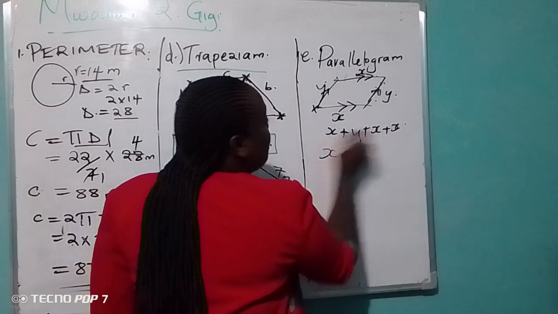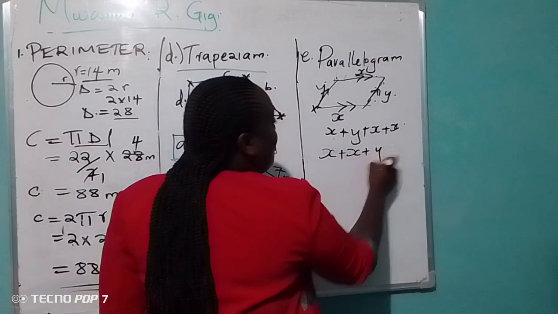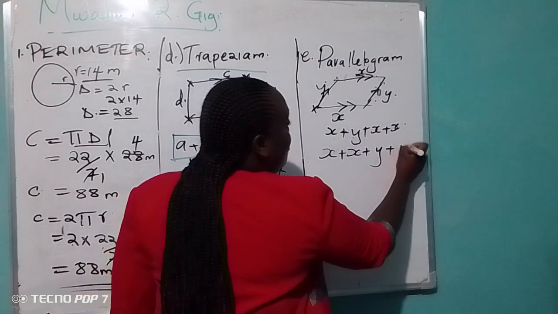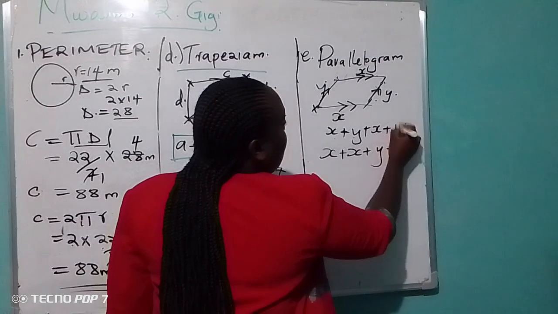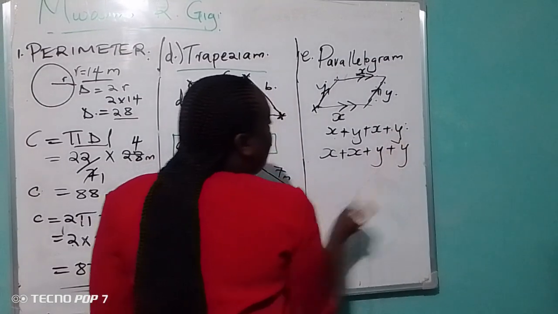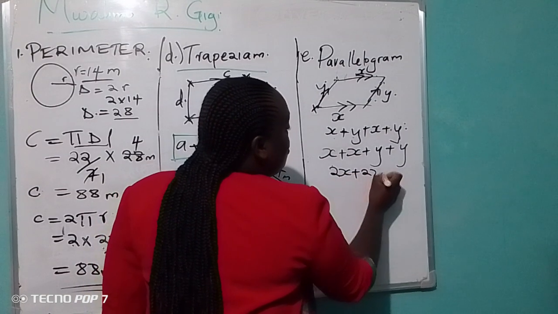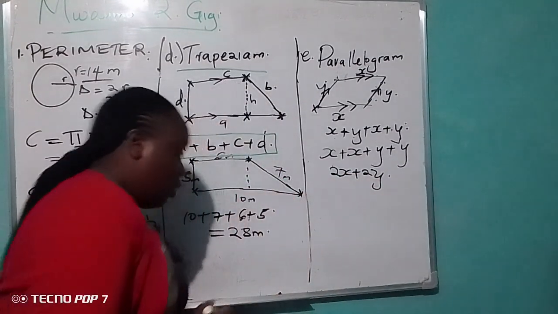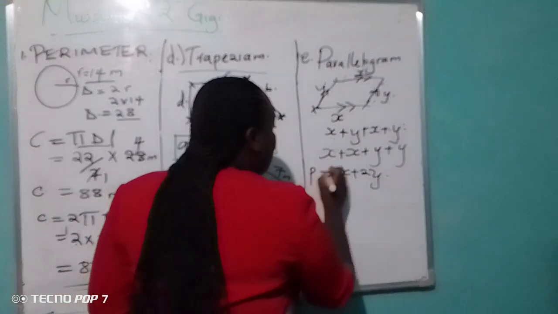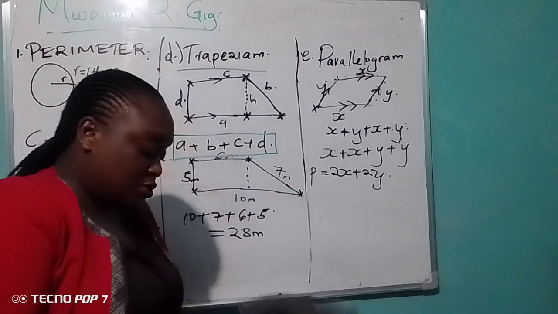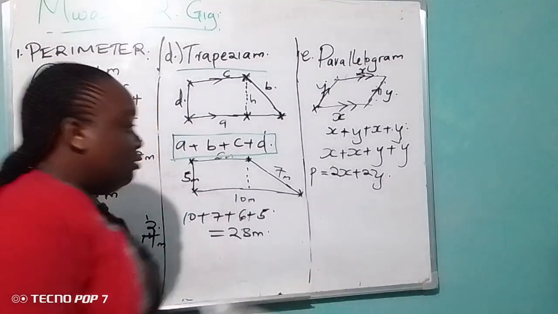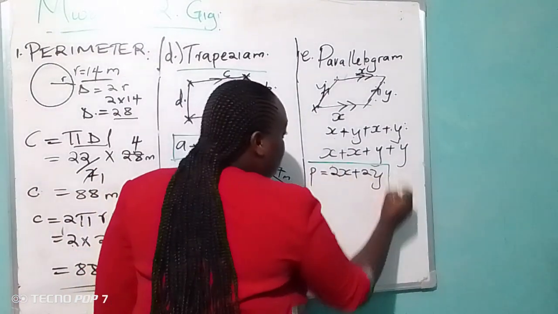X plus y plus y. Sawa. Ndio ikue 2x plus 2y. So, the perimeter of a parallelogram is 2x plus 2y.